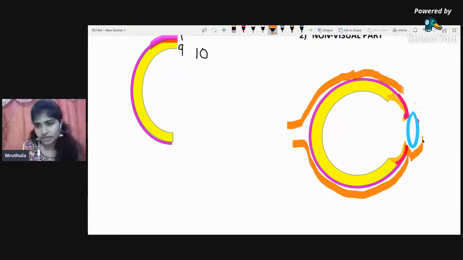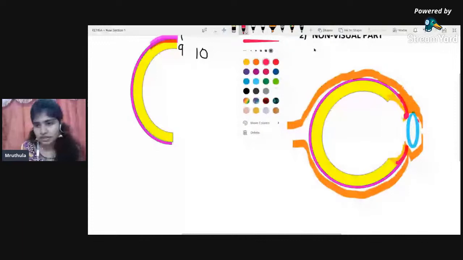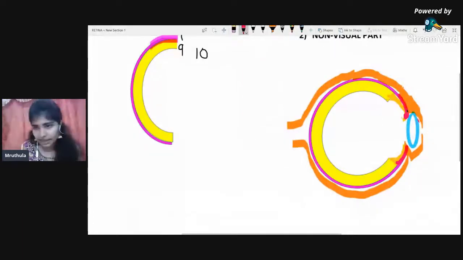In the anterior aspect of the lens, we have the iris, so that thinner part of the choroid is the iris. Here is the huge ciliary body. Now this is what happens: the pigmented layer is going to line this ciliary body, and on the anterior aspect, the iris as well.